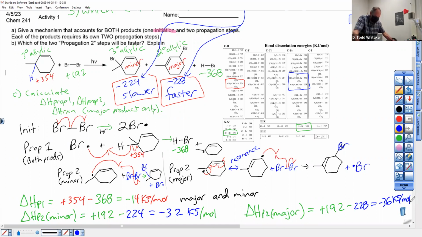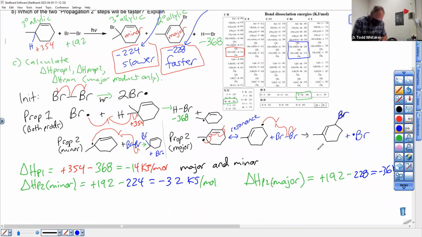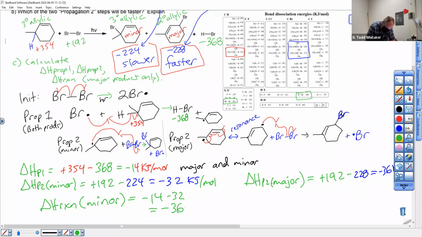Okay? So delta H reaction for the two reactions. Delta H reaction minor equals negative 14 minus 32 equals negative 46 kilojoules per mole.